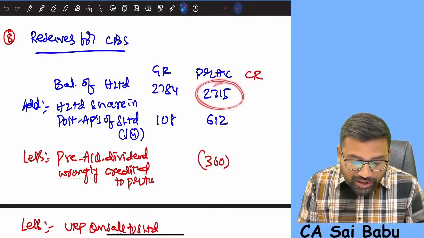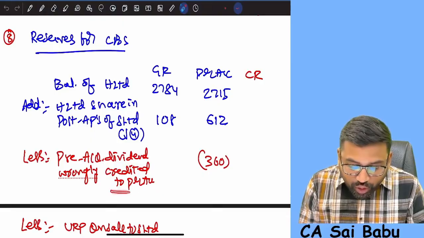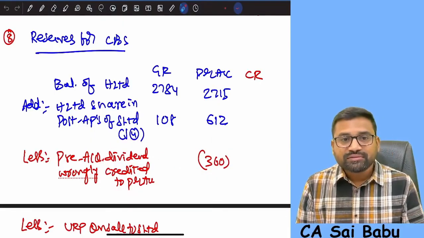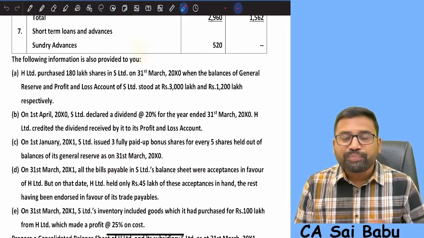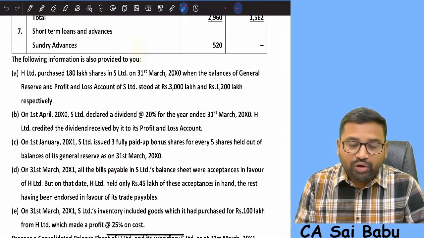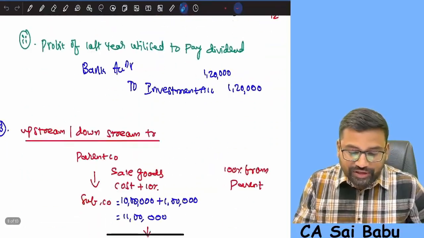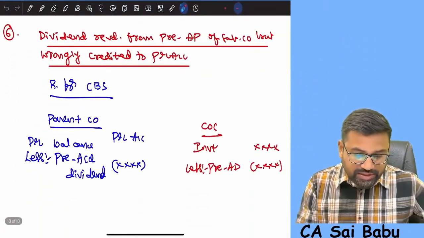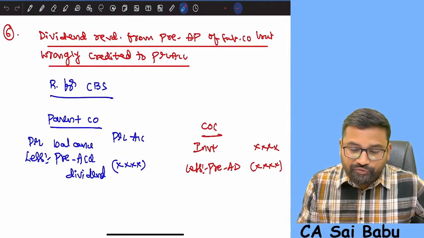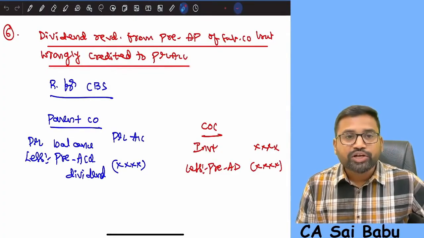In this P&L account, there is a pre-acquisition dividend wrongly credited. I deducted it, because in this question, dividend received was from pre-acquisition profits, but they have wrongly credited it to the P&L account. That we need to rectify. So that is what I have given as point 6.